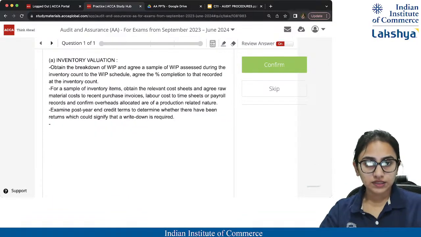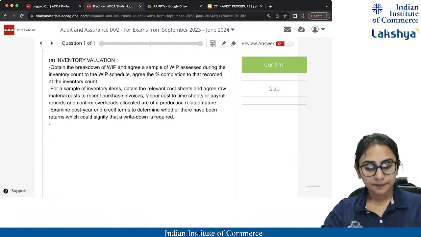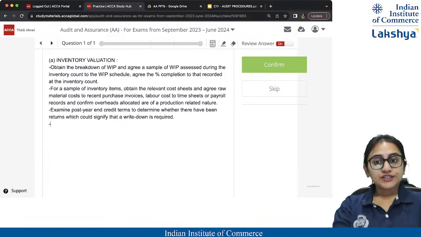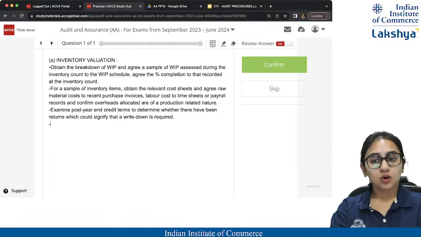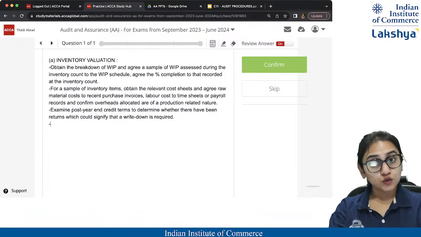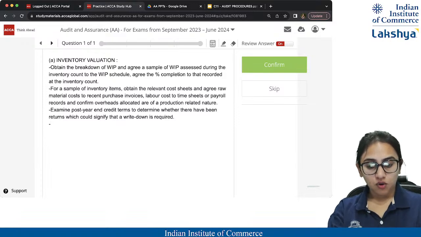Then what else can you say about inventory valuation? Inventory is valued at what? Cost or NRV, whichever is less, according to IAS 2 Inventories. So confirm if that is happening, if you have really valued the inventory at cost or NRV.